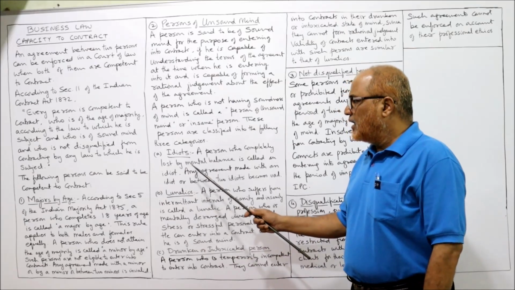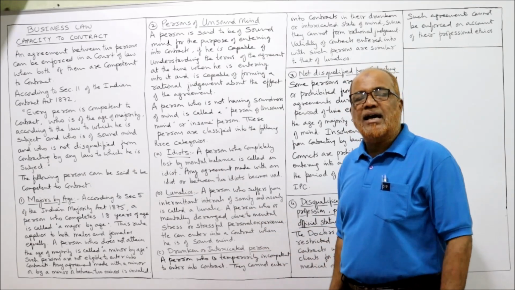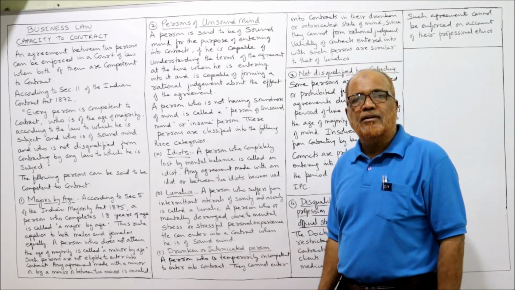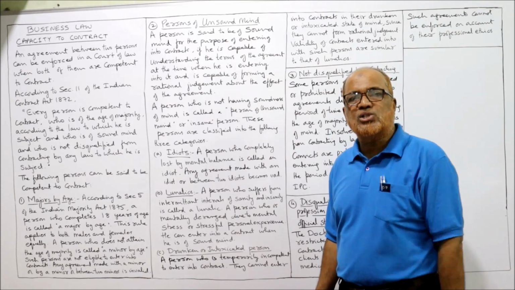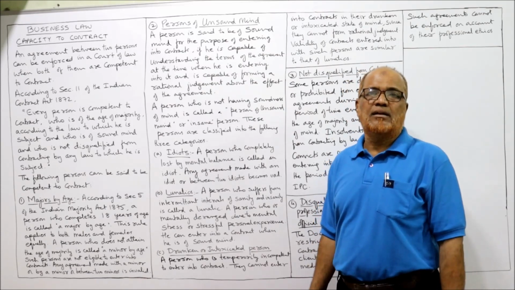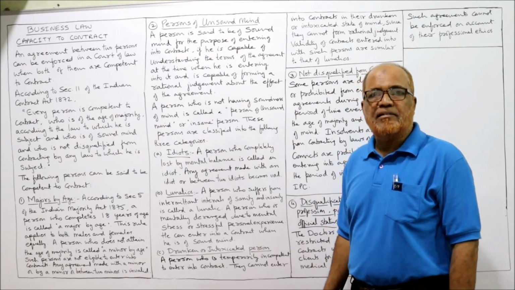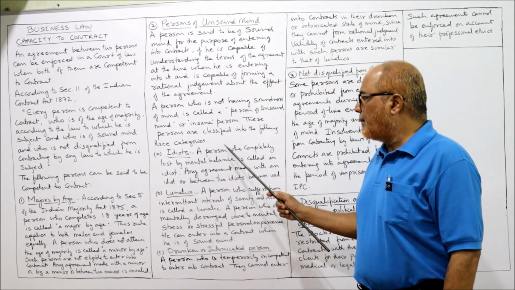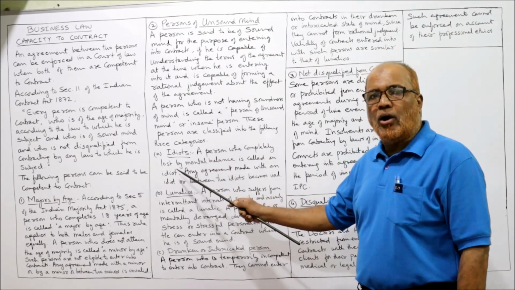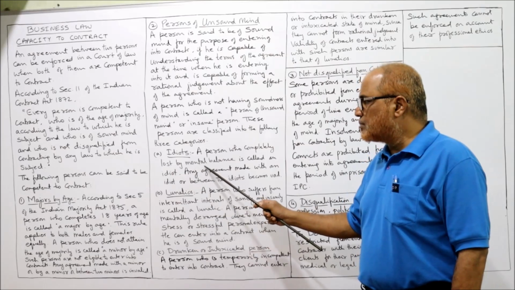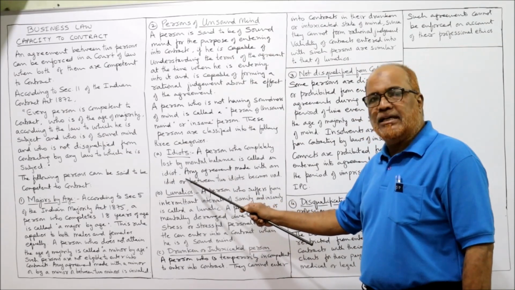That means he has lost his mental balance. A person who has completely lost his mental balance is called an idiot.